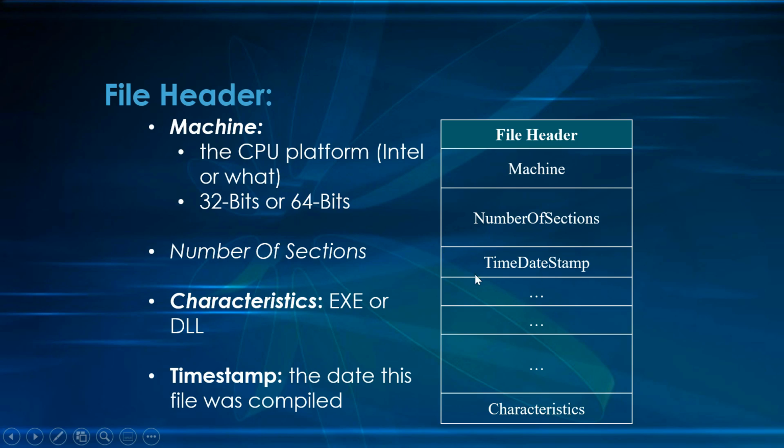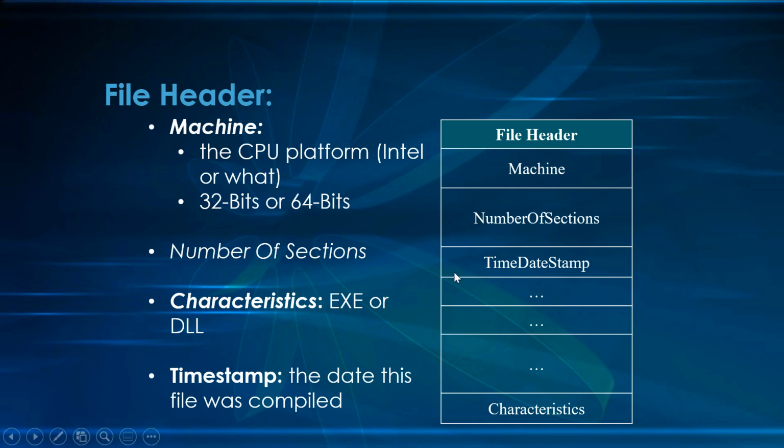And this time date stamp is not like the modified date or access date or any of these dates. The time date stamp is the compilation date, the time when the attacker, if it's a malware, decided to compile this file and send it to someone to attack them. It is the original date of that file on any system.